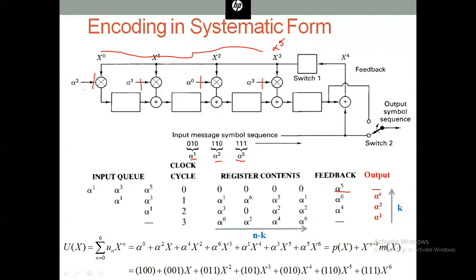So what we get when multiplied is alpha 5 times alpha 1 gives alpha 6, alpha 5 multiplied by alpha naught gives alpha 5, and alpha 3 multiplied by alpha 5 gives alpha 8, which is alpha 1.